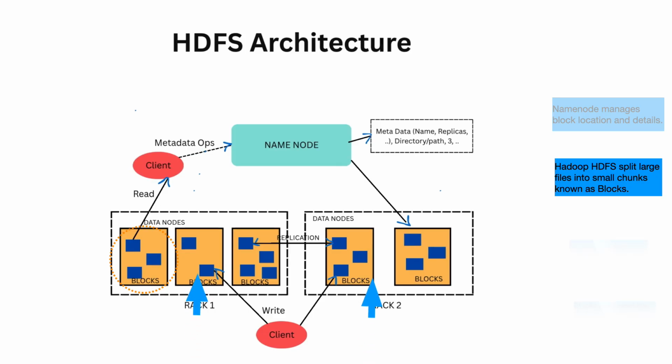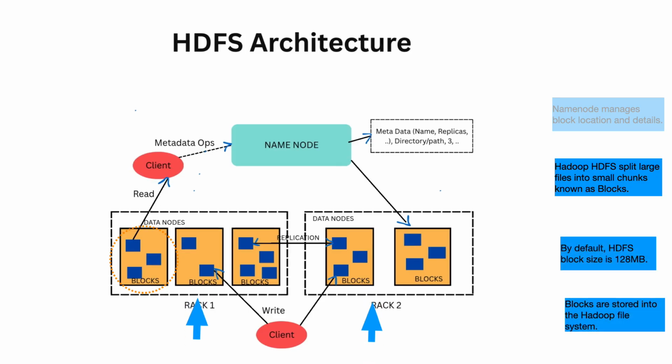And we have rack 1, rack 2 here. By default, the HDFS block size is 128 MB, as we have already seen, and blocks are stored in the Hadoop file system like we have in this architecture diagram. If you notice, we have replication of data blocks which provides fault tolerance and high availability of data whenever one data node goes down.